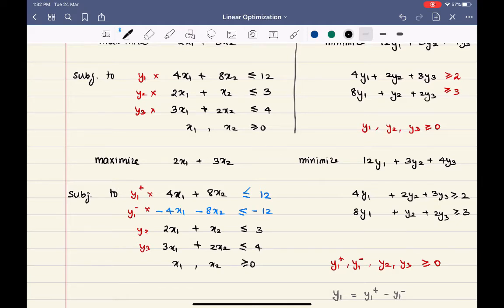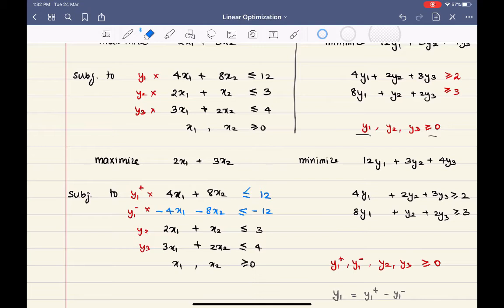Although note that there is a crucial difference. Here we had y1 bigger than or equal to 0, but now y1 plus minus y1 minus can be any value. It could be non-negative as well. As you vary y1 plus and y1 minus, this can be positive, negative or 0.